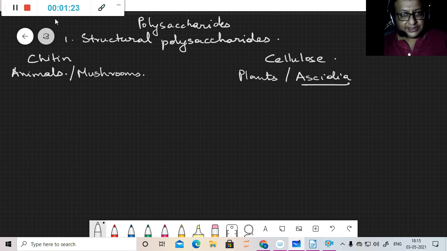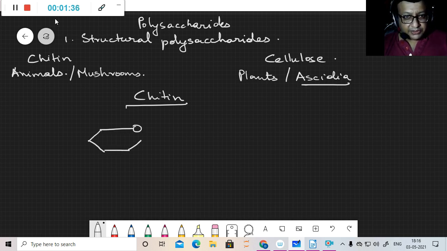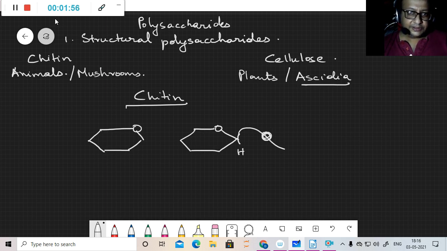And so let us see the structure of chitin. You first draw this particular glucose unit. This is a common feature in all the structures. Next, H, and the oxygen is here. Since it's a polysaccharide, whatever it is, it is repeated n number of times.